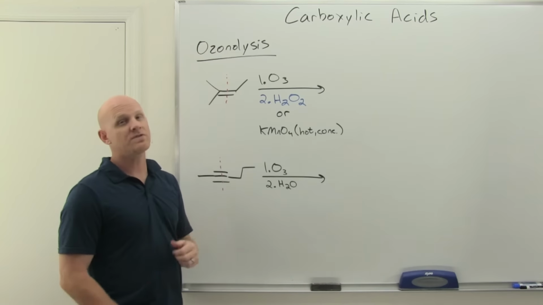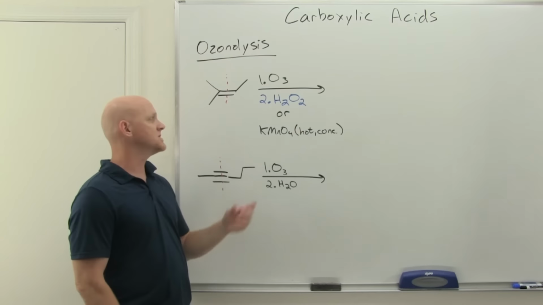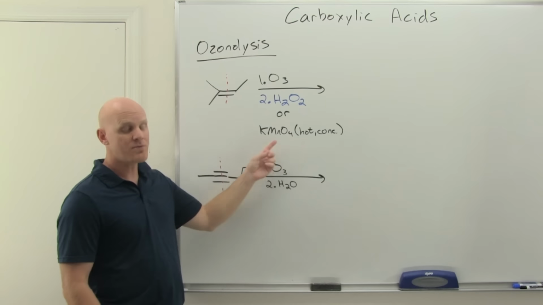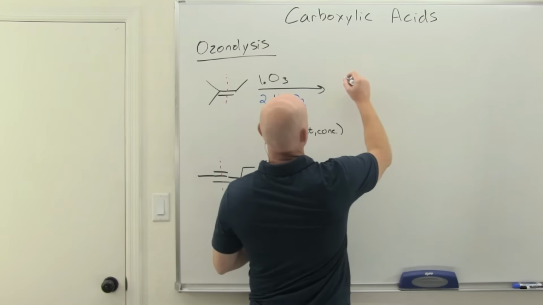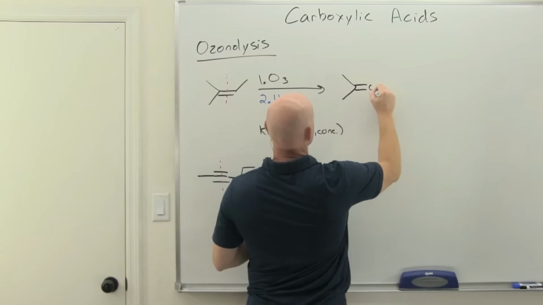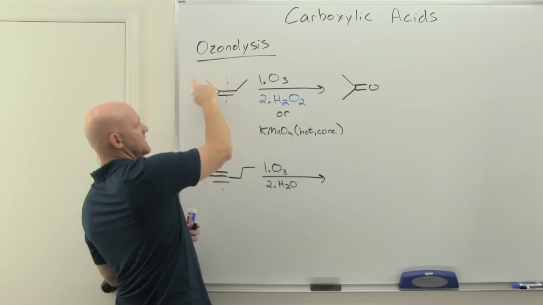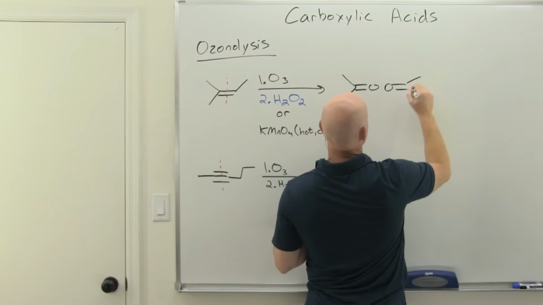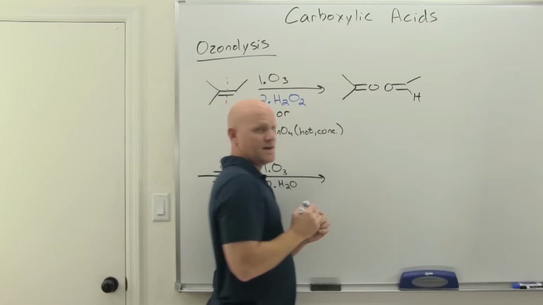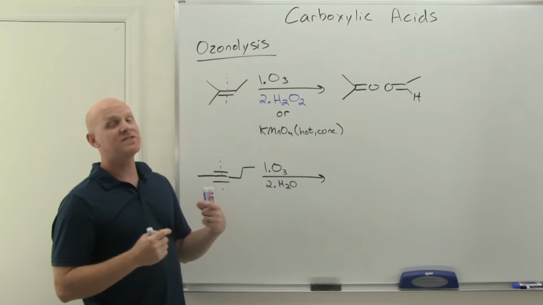We can also do the same oxidative cleavage reaction with hot concentrated KMnO4 as well. We'll cleave that alkene. Depending on how substituted it is on either side, you might get a ketone like we will from the left-hand side, but on the right-hand side, it looks like we'd get an aldehyde. Under reducing conditions, that aldehyde would stay an aldehyde.